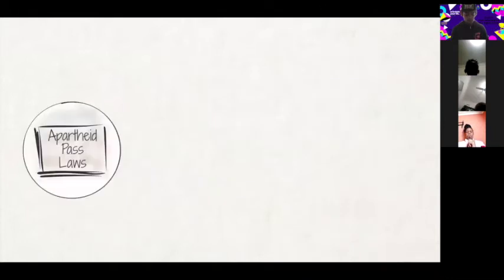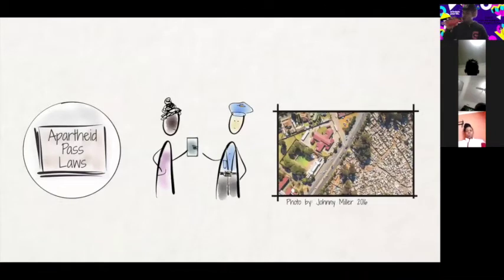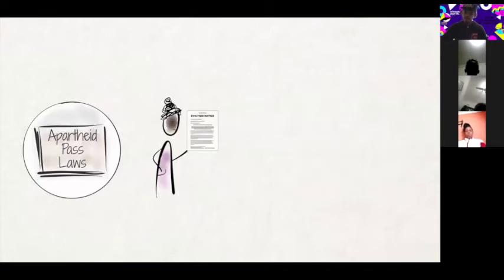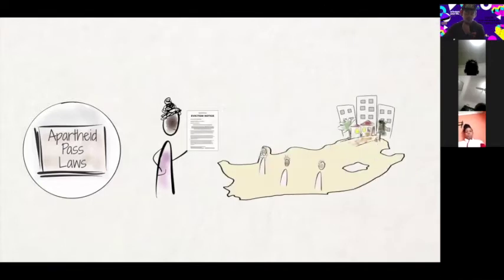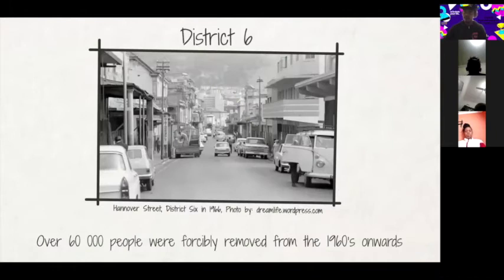Apartheid pass laws required people of color to carry a pass to enter areas reserved for white people. Under these laws, many people were evicted, moved far away from cities and work opportunities, and had their homes destroyed. One example is an inner city area in Cape Town, District 6, from which over 60,000 people were forcibly removed from the late 1960s onwards.